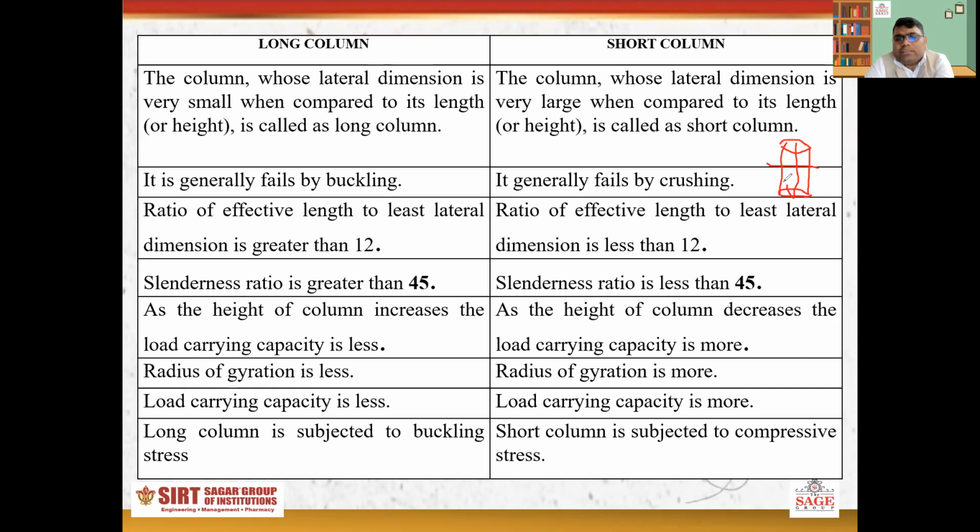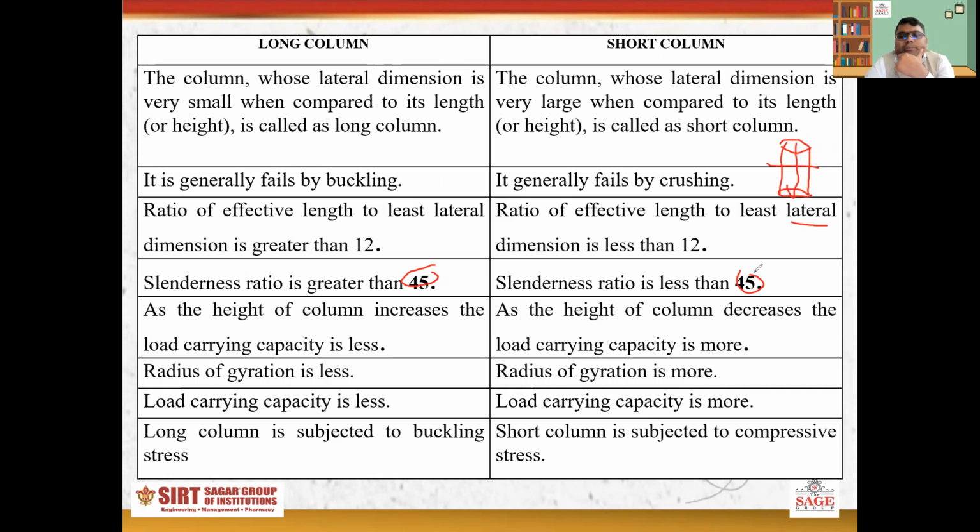If the ratio of effective length to the least radius or least lateral dimension is less than 12, it is considered short. If it is greater, it is considered a long column. Similarly, if the slenderness ratio is greater than 45, it is considered long, and if it is less than that, it is considered a short column.